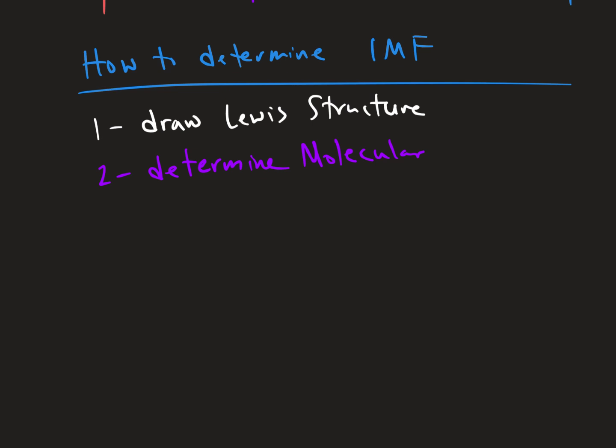No, we just need to know the molecular geometry. Will we be tested on the electron geometry? Yes. If you have that sheet, you're golden, if you know how to read that reference sheet. Did you get a reference sheet? Yeah. Okay. Determine molecular geometry.